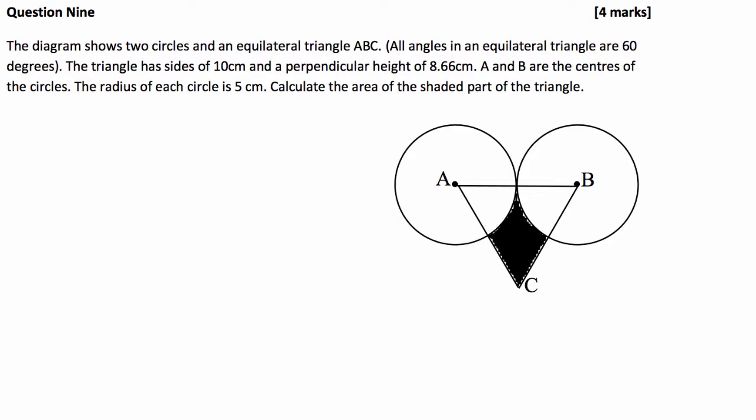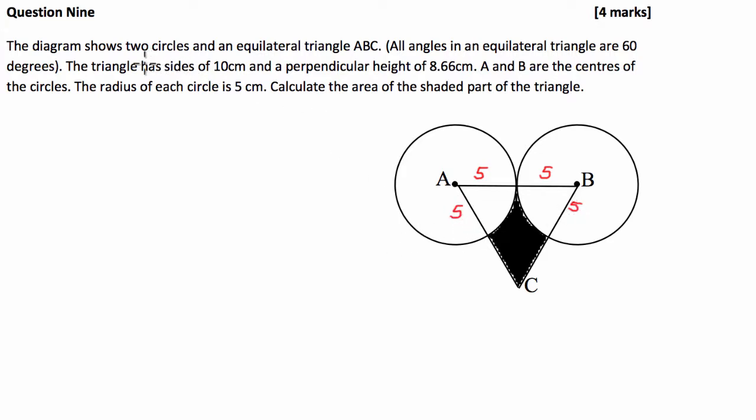Okay, so the first thing I always do with these problems is fill in the information that they've given us. So the radius of each of the circles is 5 centimeters. So I'm just going to write them in. Here's 5, here's 5, here's 5, and here's 5.